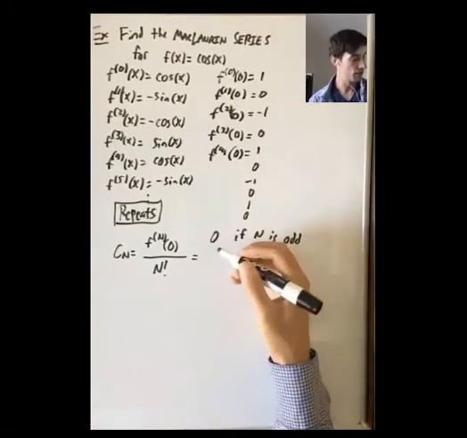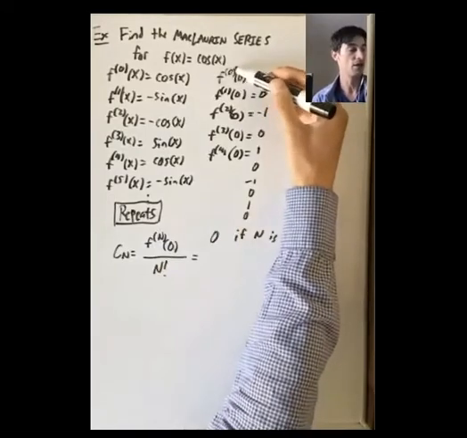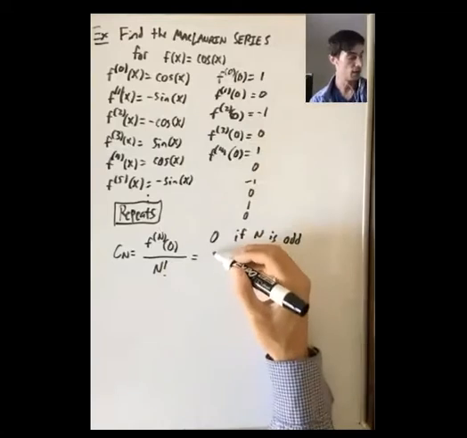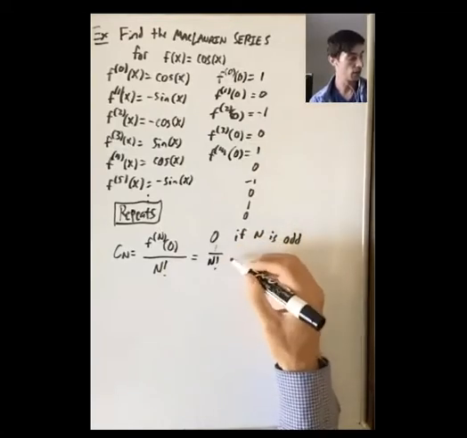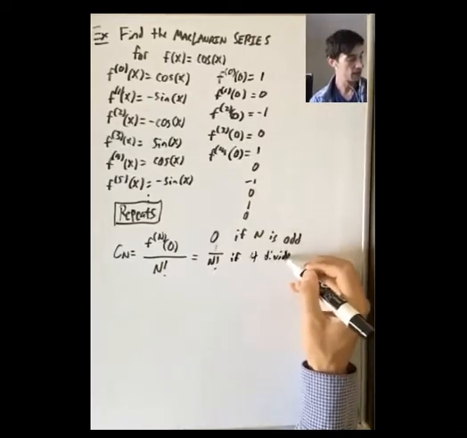This is going to be Fn of 0. Well, F0 of 0 is 1. F4 of 0 is 1. F8 of 0 is 1. We're going to get 1 over n factorial if 4 divides n.